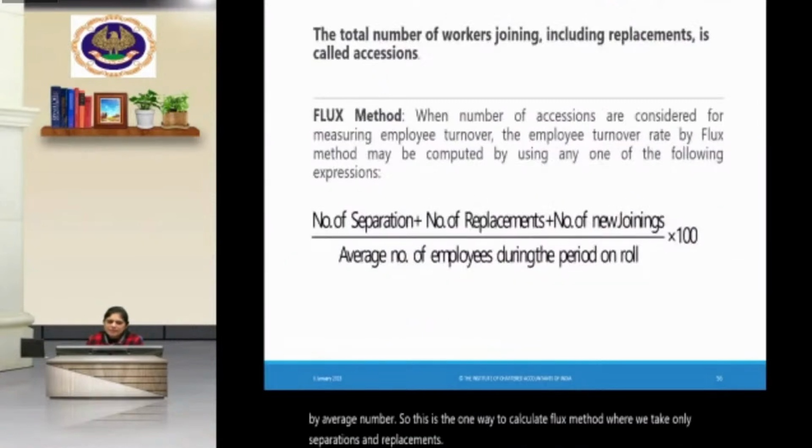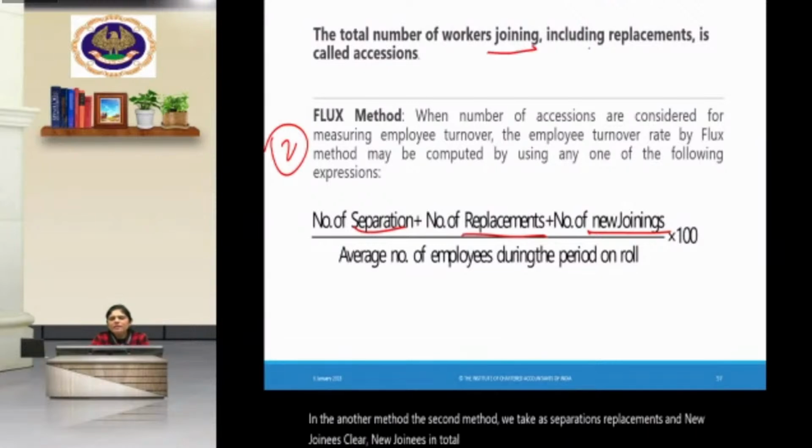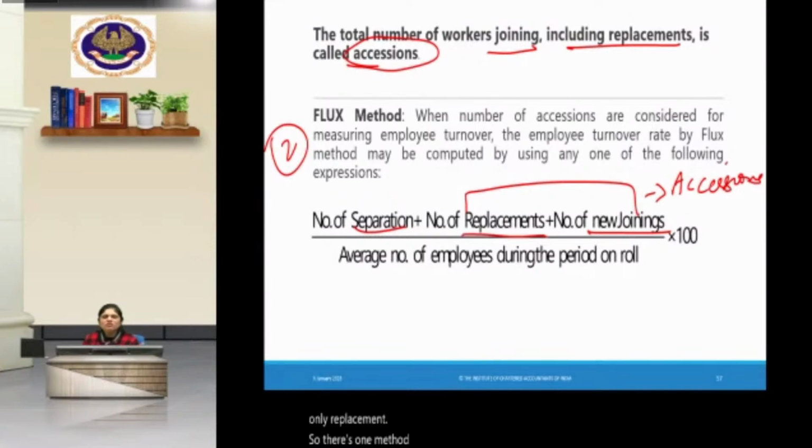This is one way to calculate the flux method, where we take only separations and replacements. In the second method, we take separations, replacements, and new joinees. Clear? New joinees and the total number of workers joining, including replacements, are called accessions. So in this method, these two are called accessions.